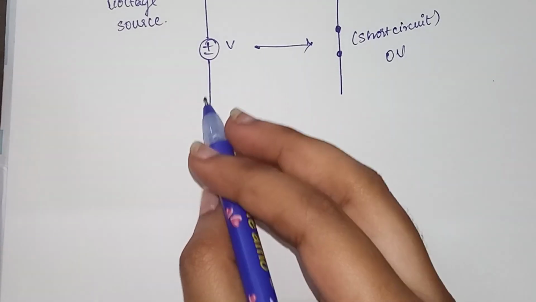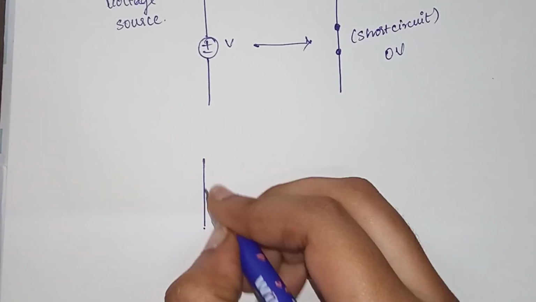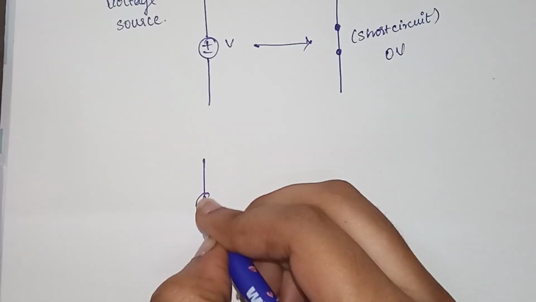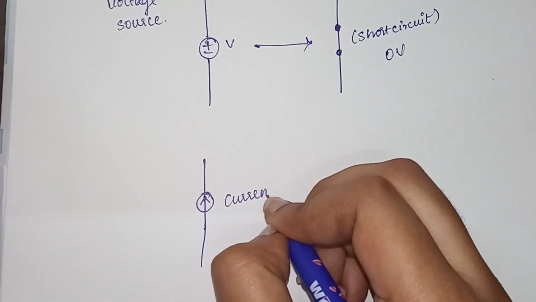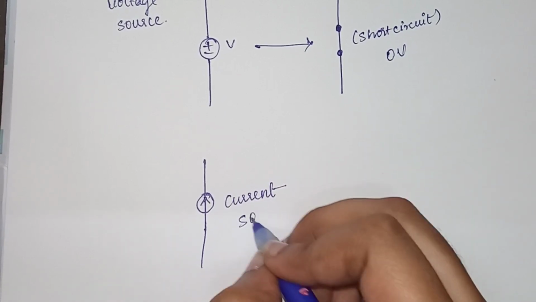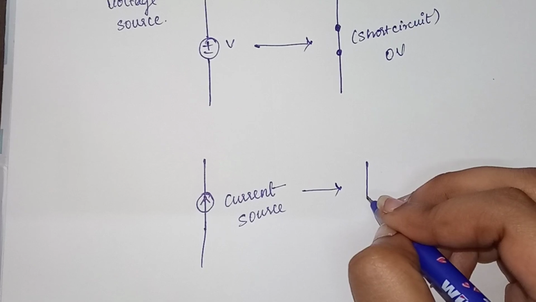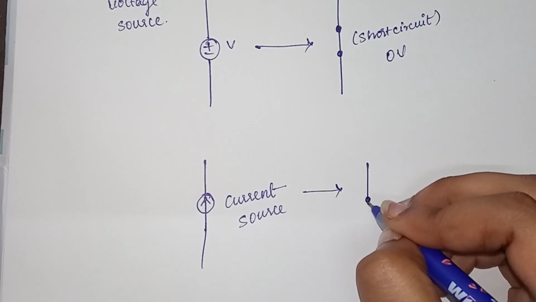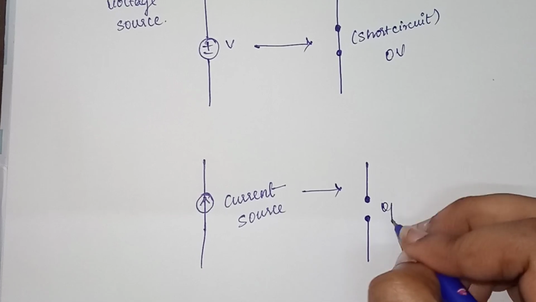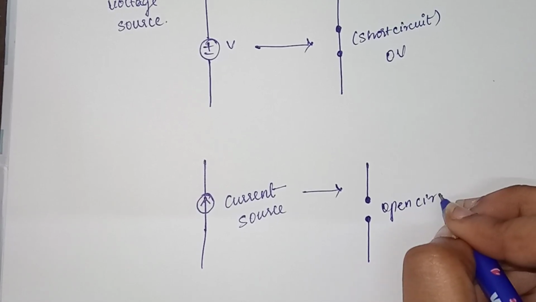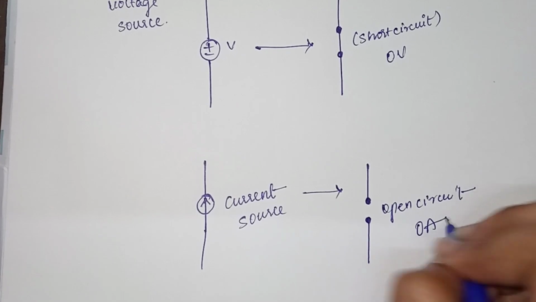And if it is the current case, so this is your current. If you are trying to eradicate this current source, then we'll use an open circuit. So this will be your open circuit, and here we'll have 0 amperes.